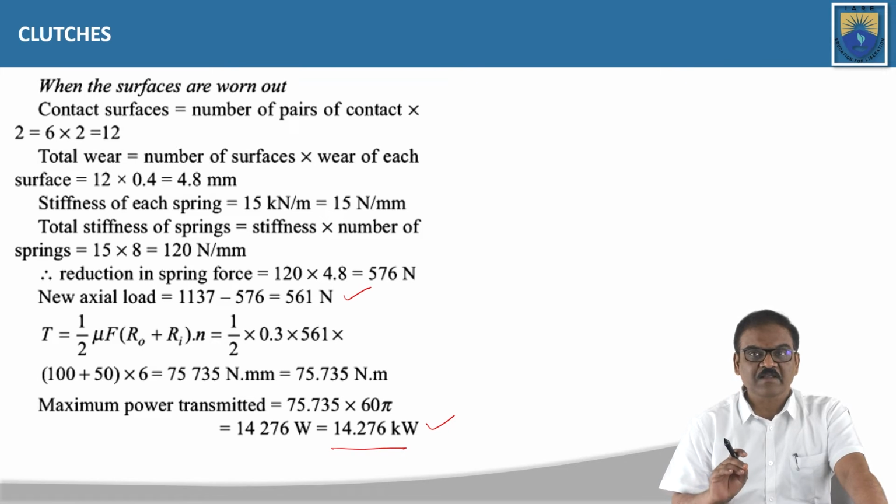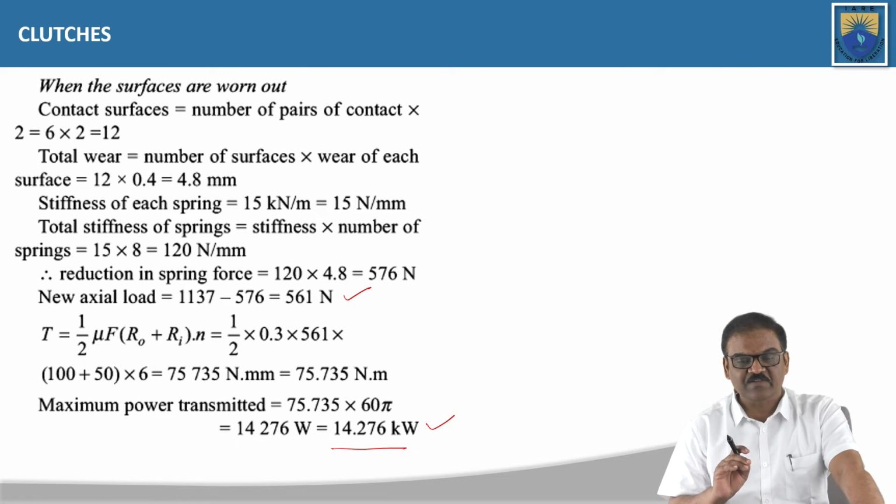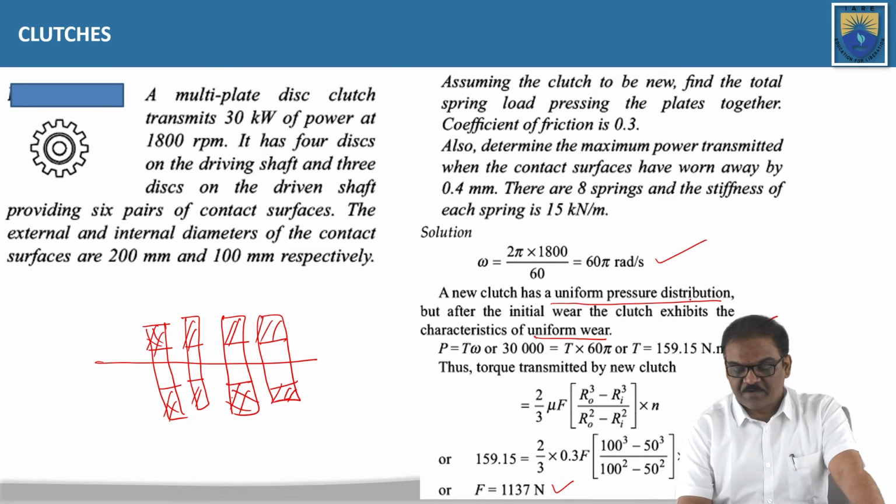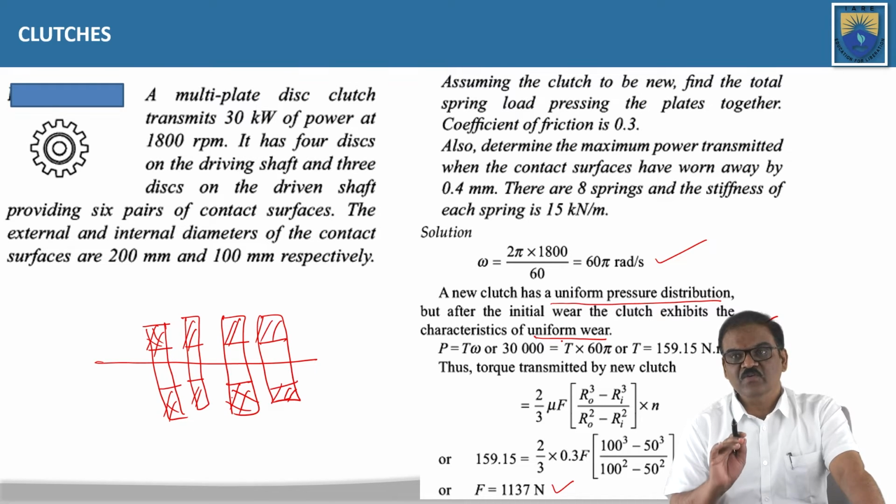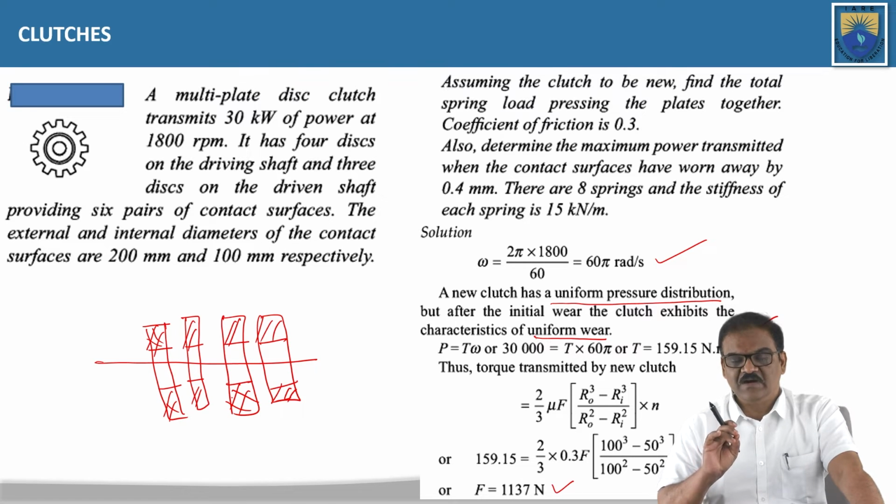Therefore, under new condition, we are considering the clutch to be under uniform pressure distribution. After worn out, it is to be considered under uniform wear. Please, this has to be noted while calculating any clutch.